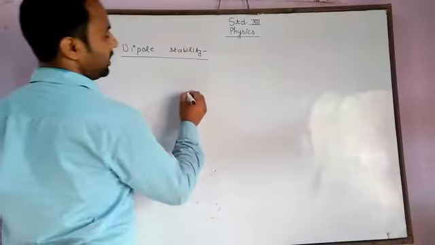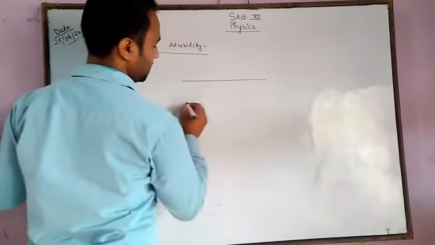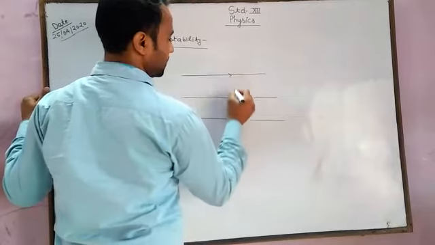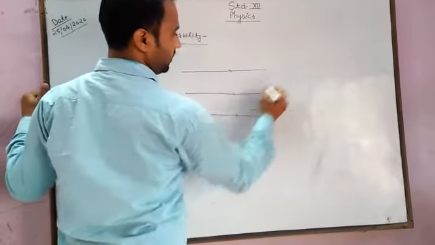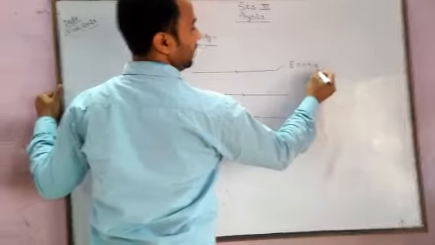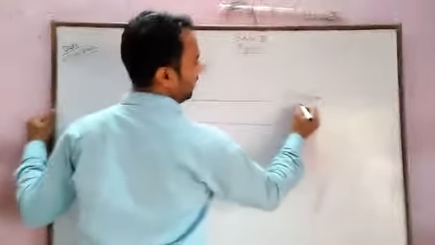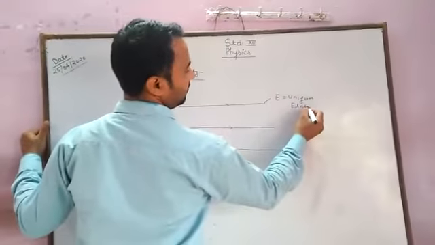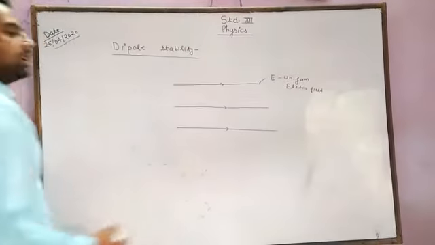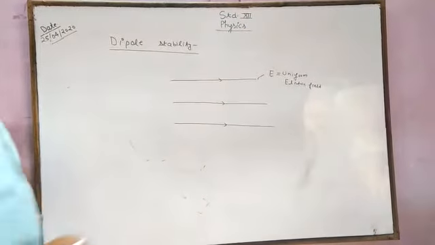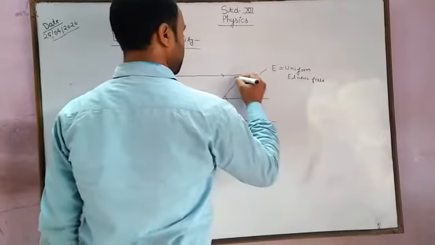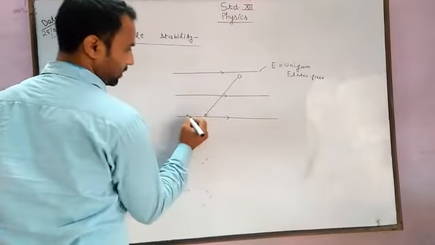If any external field is present, this is the external electric field E, a uniform electric field, and a dipole is placed here in this direction.